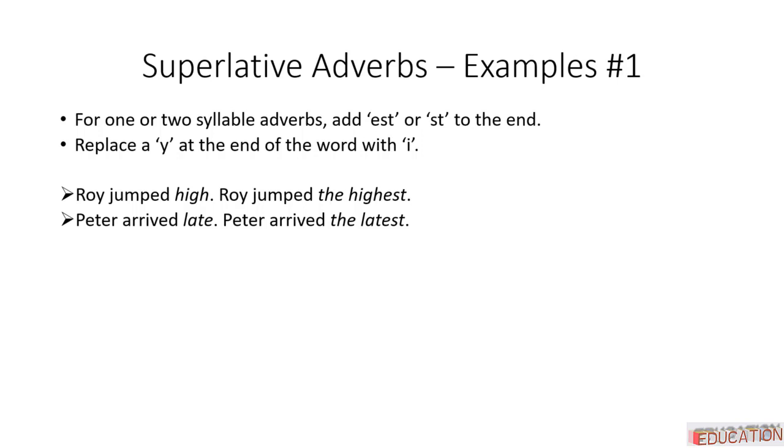Peter arrived late. Peter arrived the latest. And please note with late, it already ends in an e, so we don't add another est, we just add an st to the end. And John arrived early. John arrived the earliest. So this one ends in a y. Replace it with i, add est.